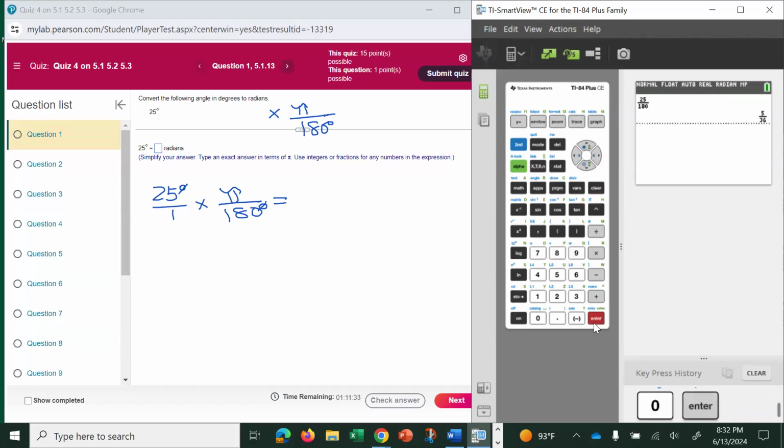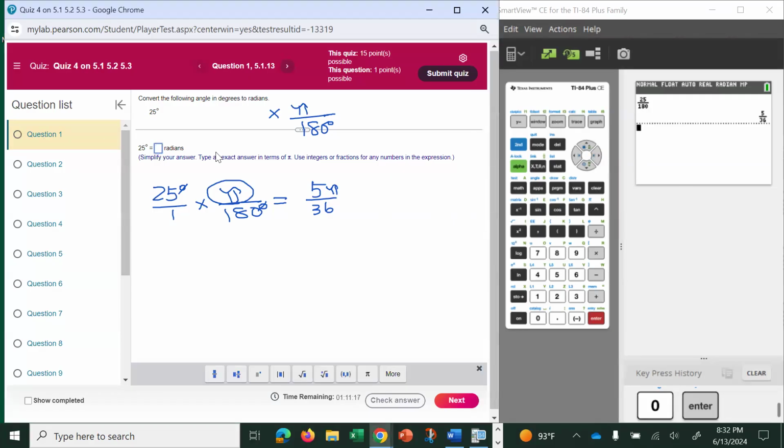That gives 41 over 36, and so this is equal to 41 over 36 with pi, because I didn't put pi in since that would mess up my fraction. So it's 41 pi over 36. That's what we type in here. If you type pi, it'll give you the pi symbol: 41 pi over 36.